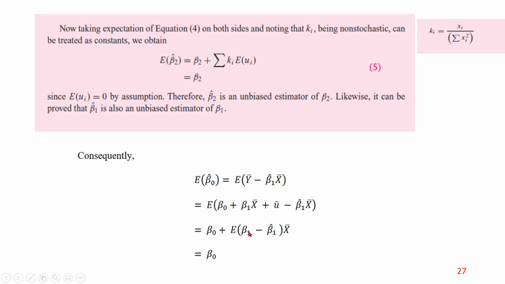Why is it equal to 0? Because the expected value of beta 1 hat becomes equal to beta 1. So that term becomes 0 and we are left with this term only. This proves that the intercept is an unbiased estimator of the population intercept.